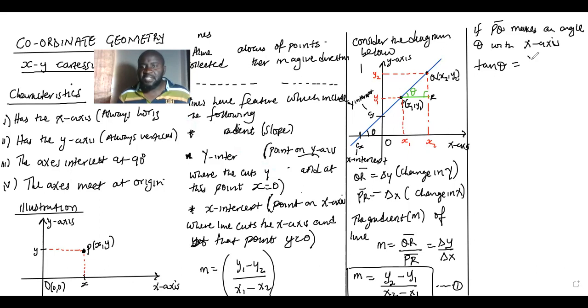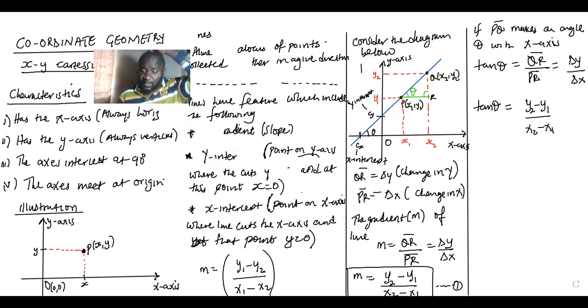Now I can still get the tangent from 2R divided by PR, because one is vertical, one is horizontal. So the change in Y over the change in X. With this, I can confirm that the tangent of the angle of the inclination of the line to the x-axis is always equal to the gradient of the line, which is change in Y over change in X. So with that, you discover that you can as well get the tangent of the angle.